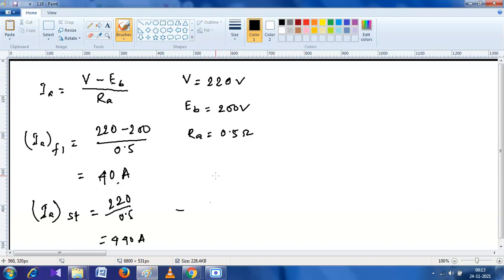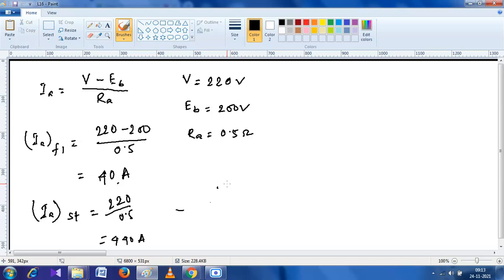So to protect the armature from the high current, suppose we have to control current through a path, what should we do?